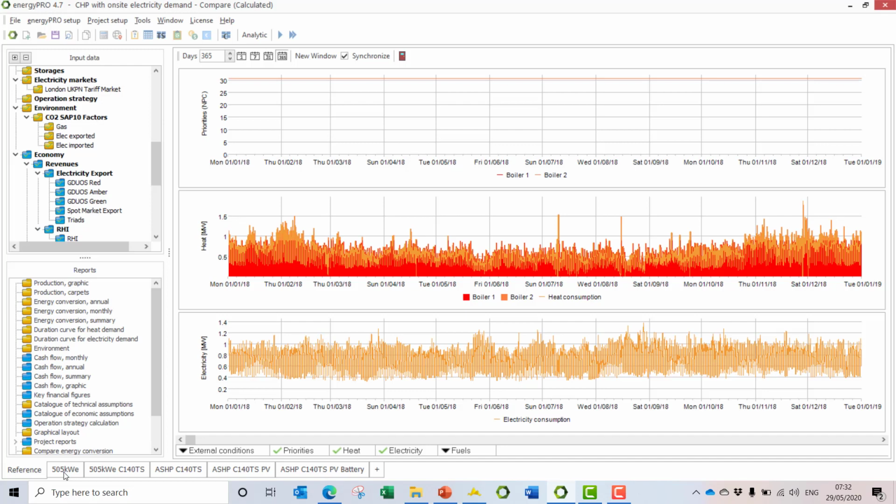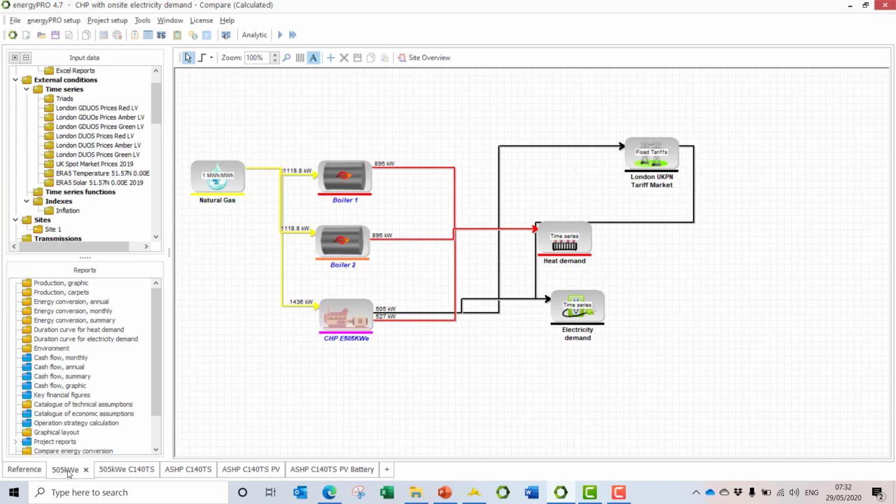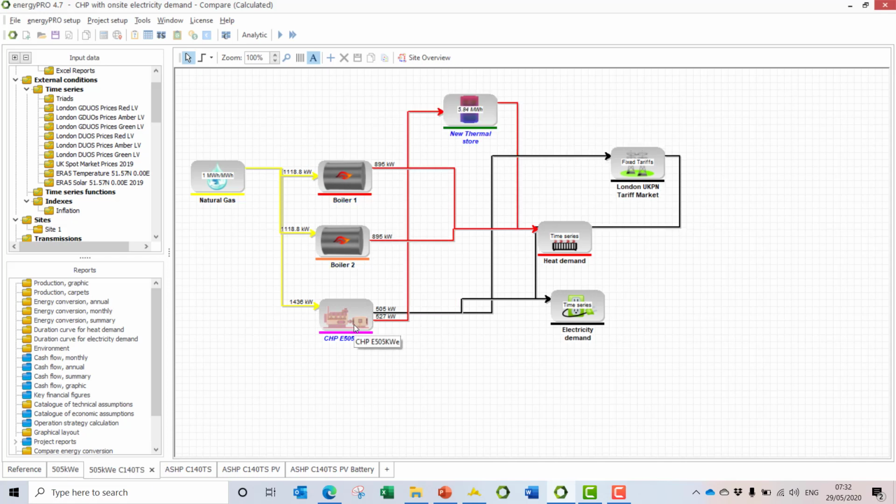So in fact we've got multiple tabs down here along the bottom. So you can see I've created projects with variants of this initial reference case. Here you can see I've added a CHP unit, the 505 kilowatts electric. Here you can see I've added a CHP and a thermal store.